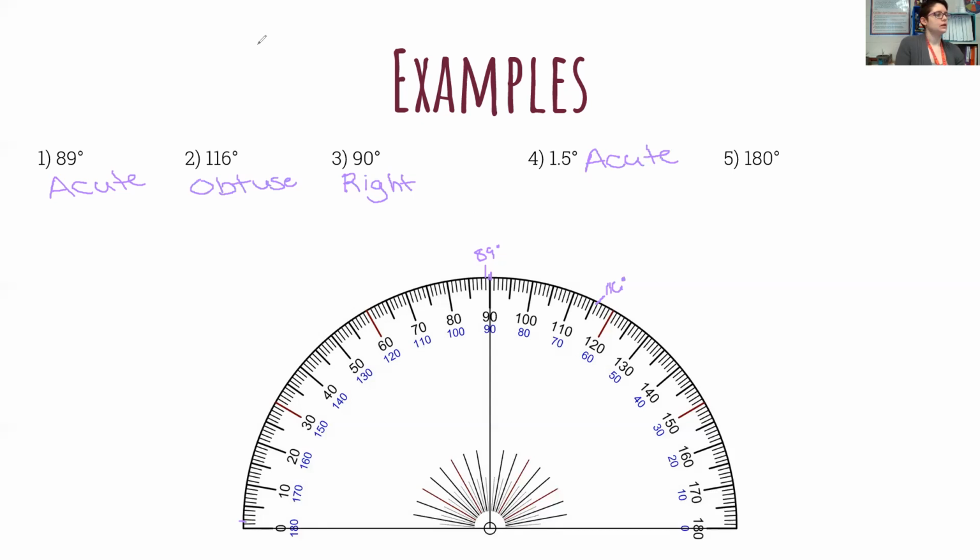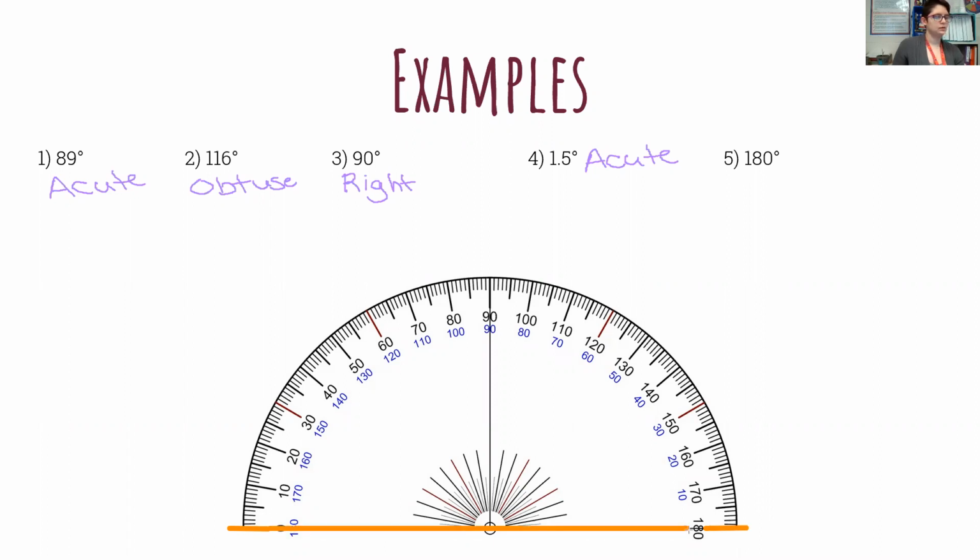Okay, the last angle measures 180 degrees. Now I know that's one that we didn't talk about, but what that means is it starts at the 0. Let's make our line a little bit brighter. Okay, so it's here at the 0, and the other ray is at the 180 mark.